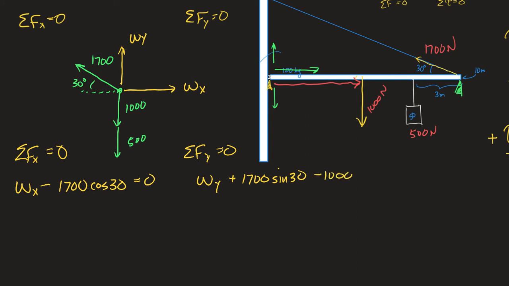Minus 1,000 minus 500 equals 0. This is just too easy not to do it this way. The torque way would just be way, way more work. And now, well, I mean, come on, this is easy.